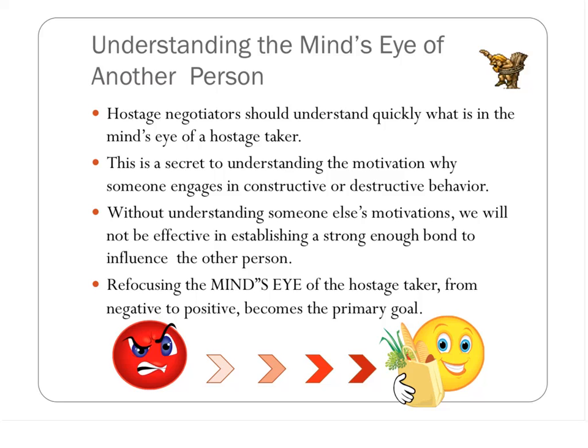It's first of all for you to understand their motivation, to understand their mind's eye, understand what their mind's eye's attention is. When it's on the losing cycle, you should create bonding and then change their mind's eye from a losing cycle focus to a winning cycle focus. So bring their focus from the negative side to the positive side, and then you'll be successful.